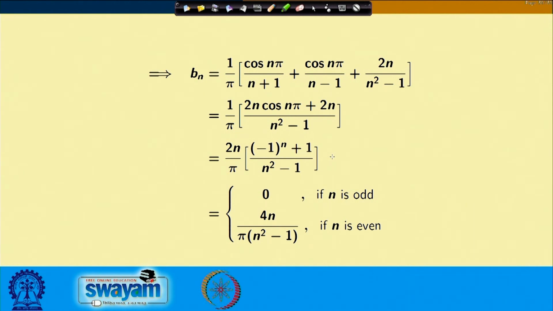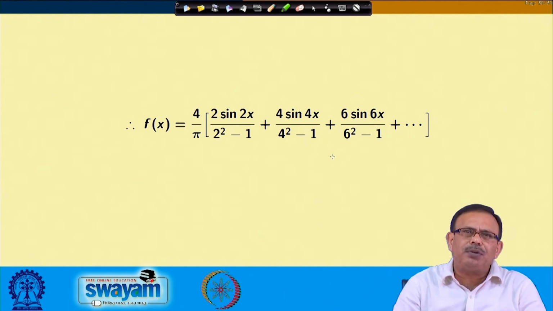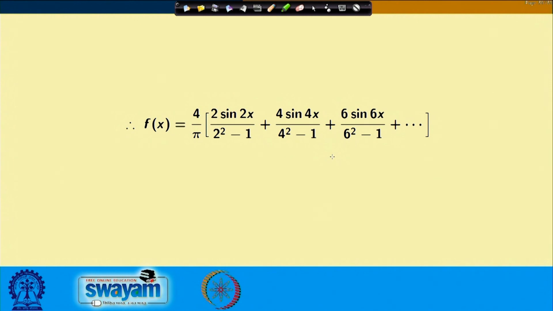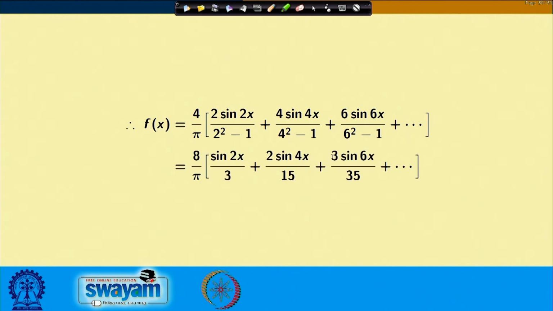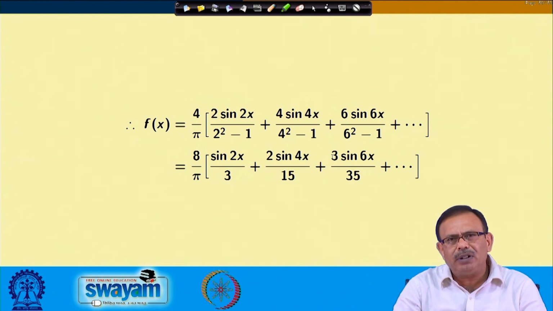Therefore, for odd or even, I am getting the value of B_n, and f(x) is equal to 4 by π into [2 sin 2x by (2² − 1) + 4 sin 4x by (4² − 1) + 6 sin 6x by (6² − 1)], like this way it will go, and this is equal to 8 by π into [sin 2x by 3 + 2 sin 4x by 15 + 3 sin 6x by 35], and like that way it will continue.